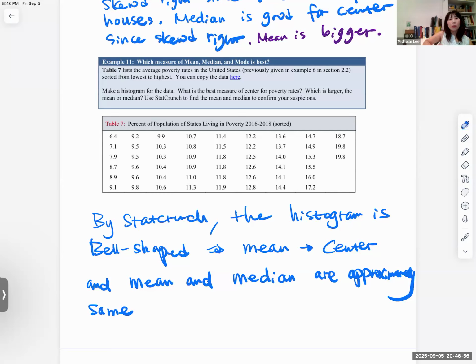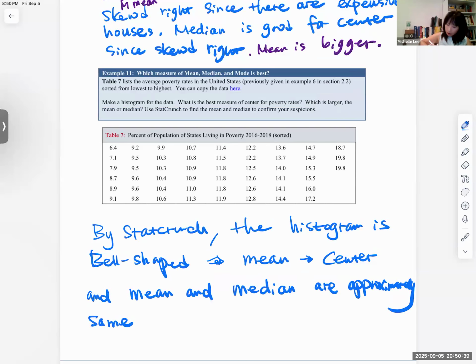Okay, so we have to use the histogram for the mean and median. All right, so one more time. Okay, so we are done for this section.